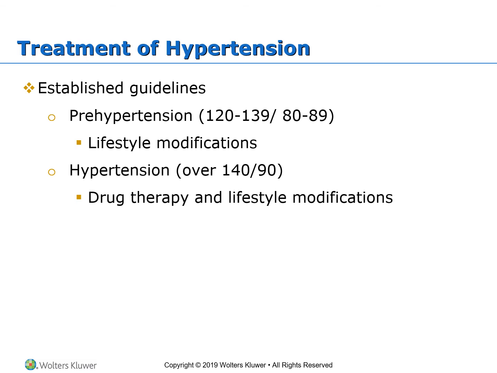So whatever I have between 120 and 139 for systolic and or 80 and 89 for diastolic is defined as pre-hypertension, and the treatment will be lifestyle modification by modifying the patient's diet, encouraging them to exercise more, stop smoking, and low sodium in their diet, pretty much no medication but lifestyle modification.